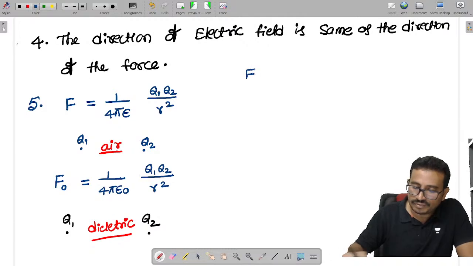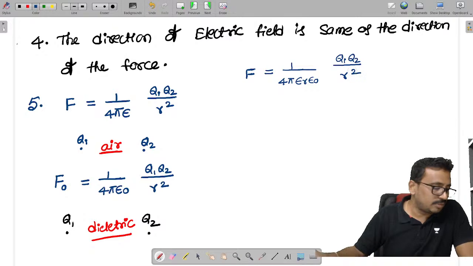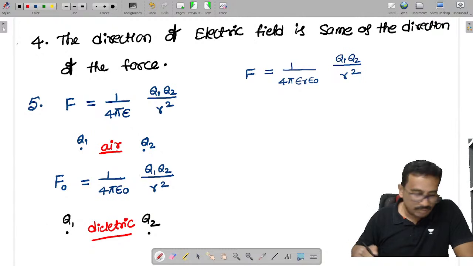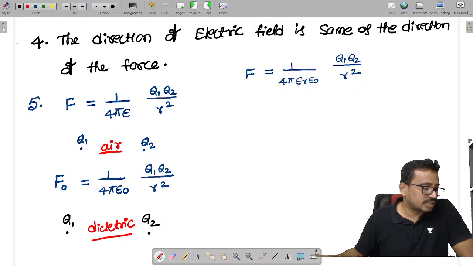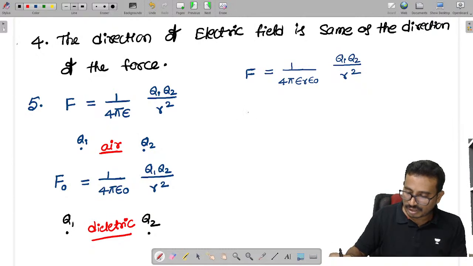I am calling it F, given as 1 by 4 pi epsilon, where epsilon is epsilon r into epsilon naught, q1 q2 by r square. F naught is the force between the two charges when the medium is free space air, where F is for some other medium.